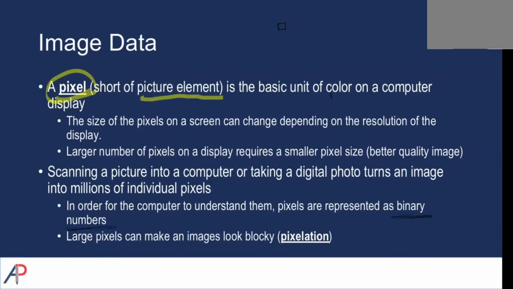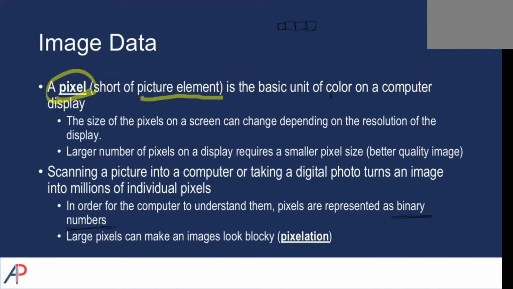The pixels are just represented as binary numbers. Each individual pixel that we have on our screen, so this pixel, this pixel, this pixel, that little block is represented as binary numbers.